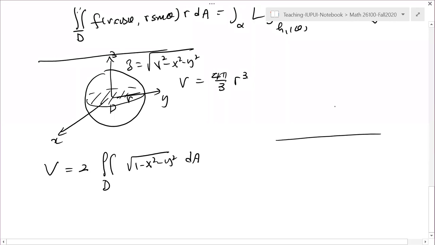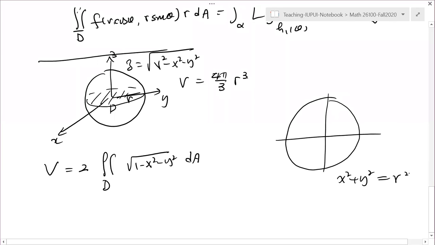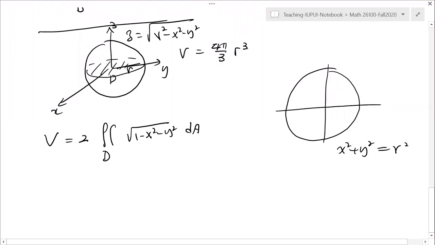If we use the traditional method, you get x squared plus y squared equals r squared, that's a circle. How do you do that? It's challenging, not easy, but we can write down the iterative integral. But maybe we're not able to solve it.